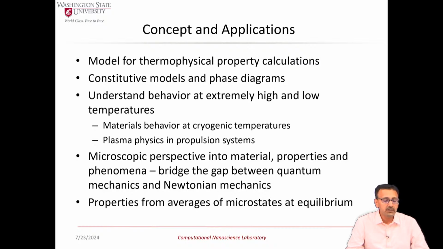So the basis of that is what is the microstate of a system corresponding to a macro scale property of a material in equilibrium. What I mean by that is, at the end of the day, in atomistic simulations, what we are dealing with is a collection of atoms or molecules, right, or units if it's a polymer.